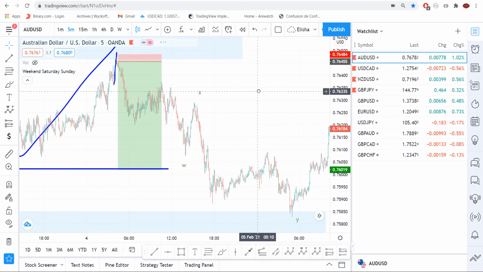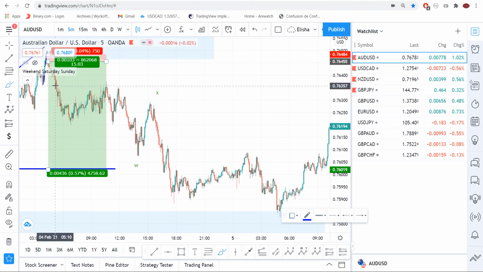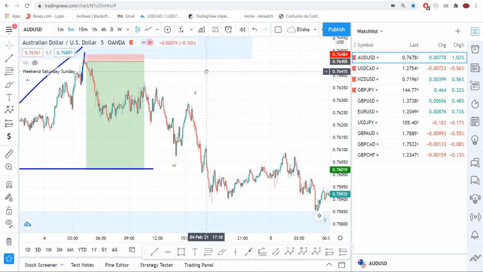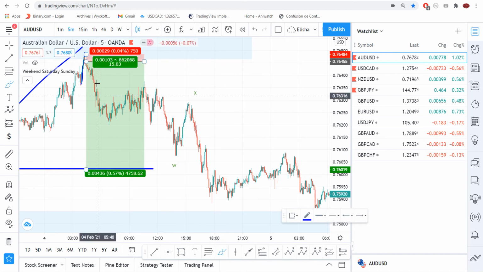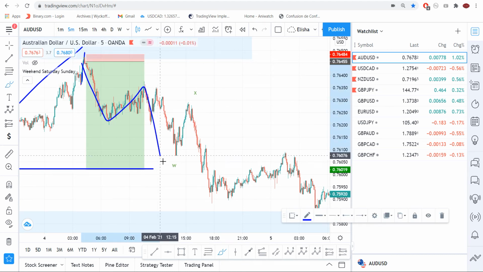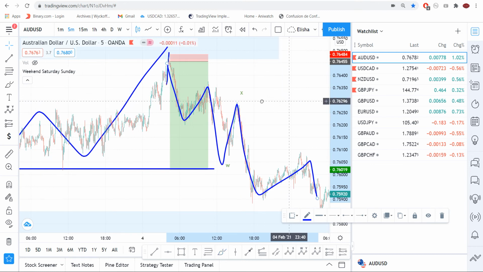All right, so a zigzag pattern basically has an impulse, correction, impulse, and an X wave, impulse, correction, then impulse, right?